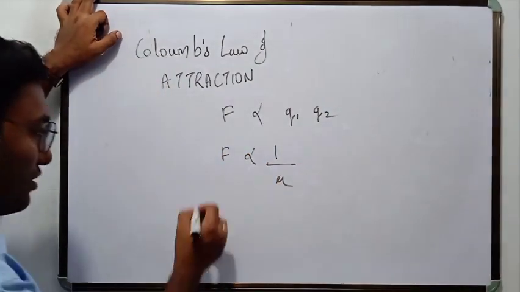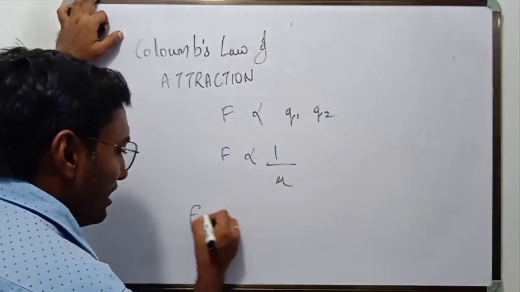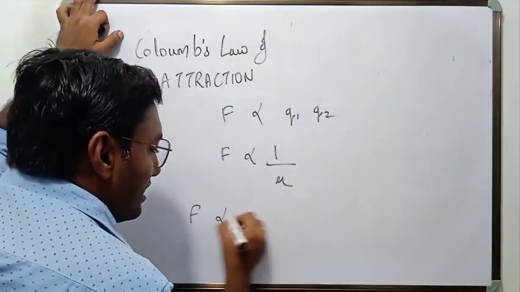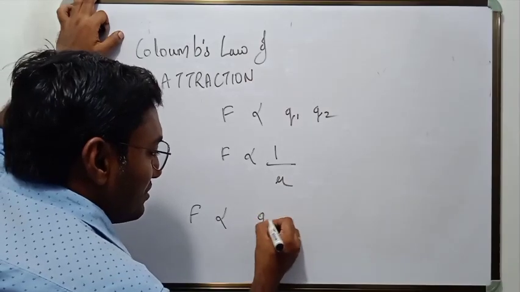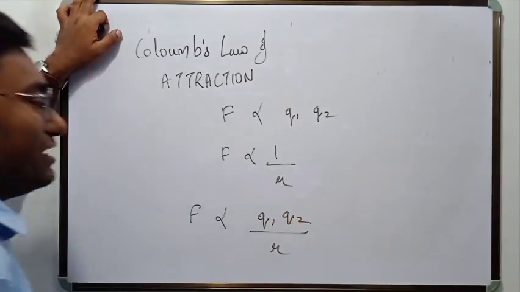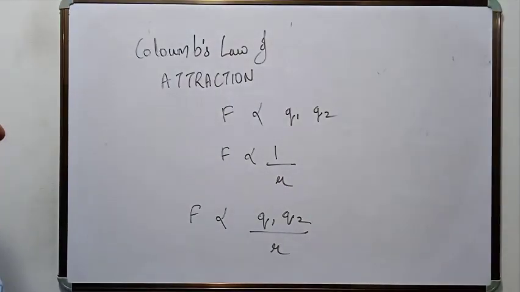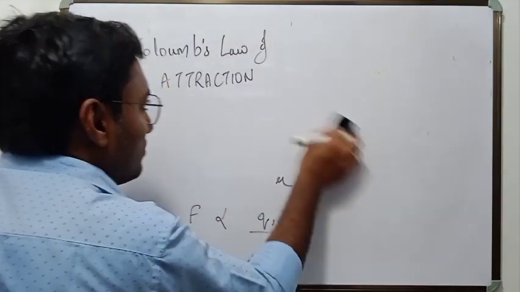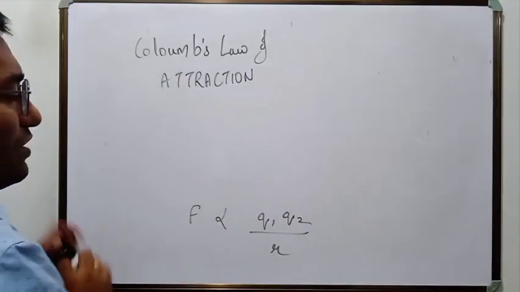So you can combine 1 and 2: force is directly proportional to charges and inversely proportional to interatomic radius, right? So that is the Coulomb's force to know the ionic strength.